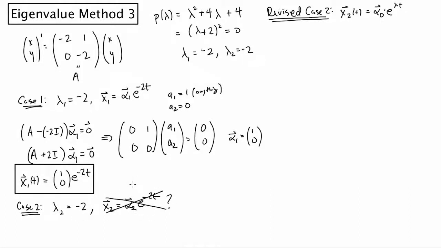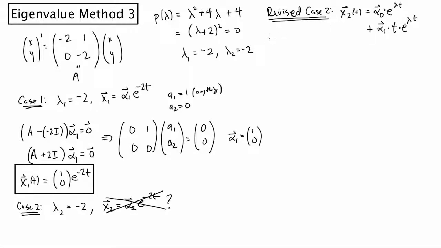So what we did back in the first part of the semester was to also look for t e to the lambda t. So we're going to look for a solution of the form alpha naught e to the lambda t plus alpha 1 t e to the lambda t. So the question is, what would that look like?